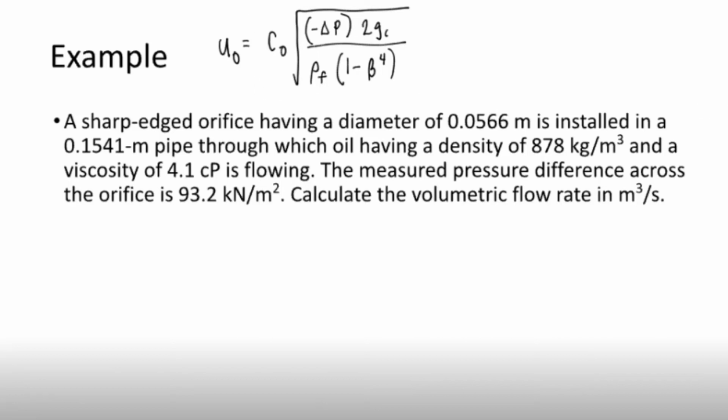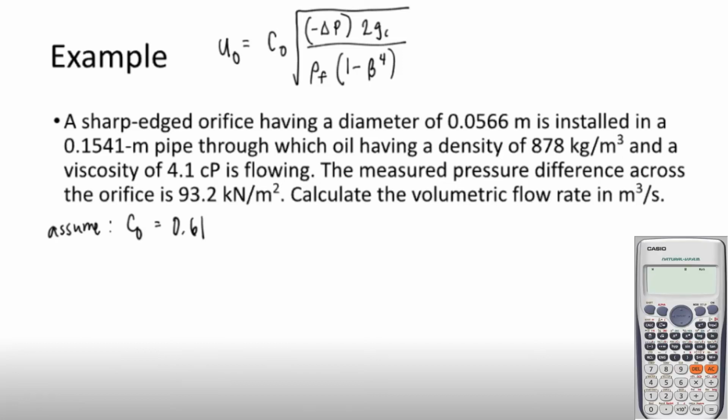As I've mentioned earlier, we can validly assume that our initial C_O is 0.61 and then later check if our Reynolds number is really greater than 10,000. Okay, so let's first assume that. Our first assumption, C_O is equal to 0.61. Let us substitute our given. That would be 0.61 multiplied by the square root of pressure drop, 93,200 pascals times 2g_c, divided by density of the fluid, which is given, 878, multiplied by the quantity 1 minus beta.